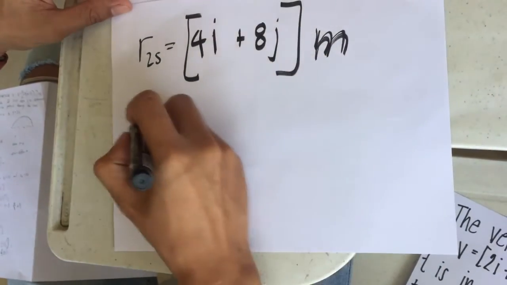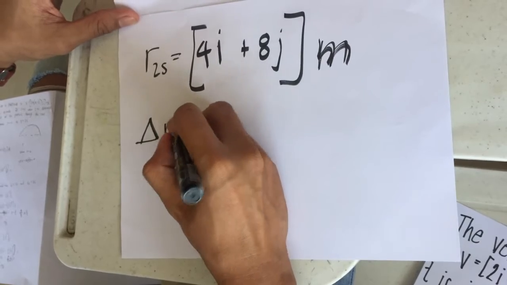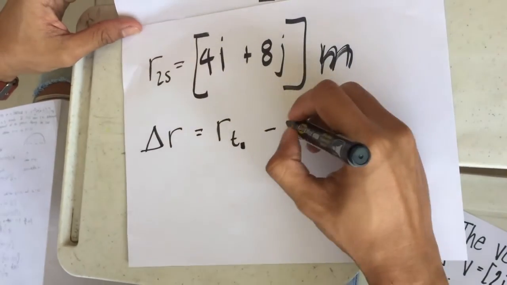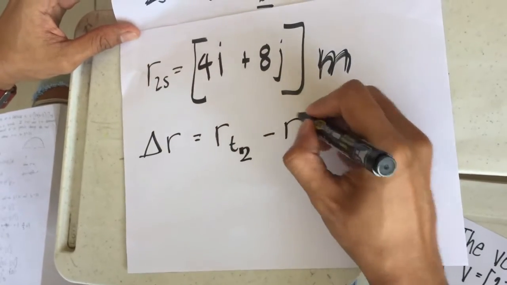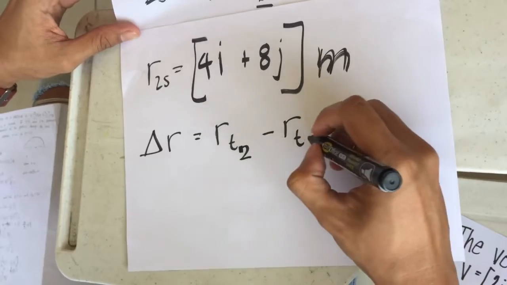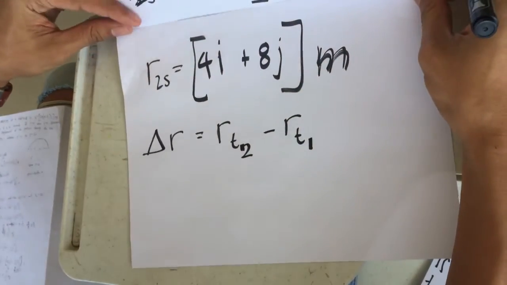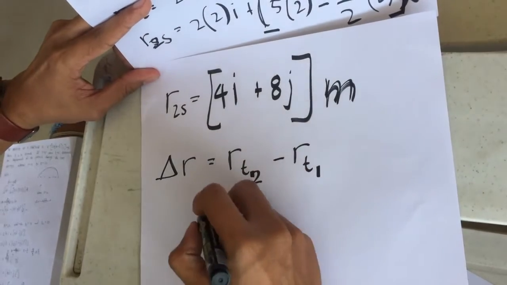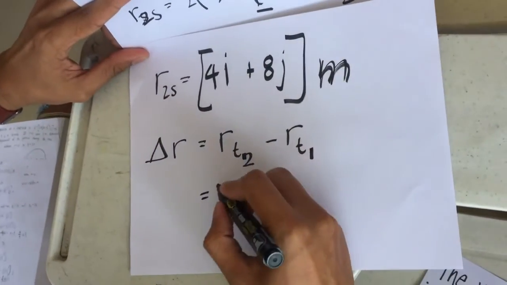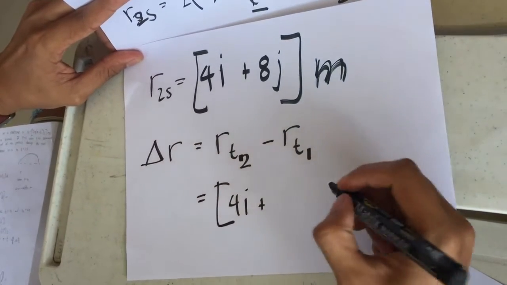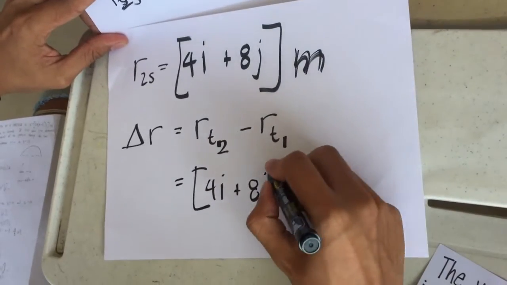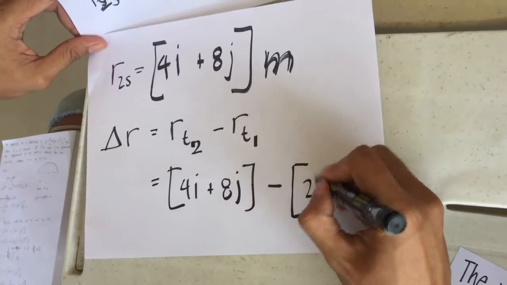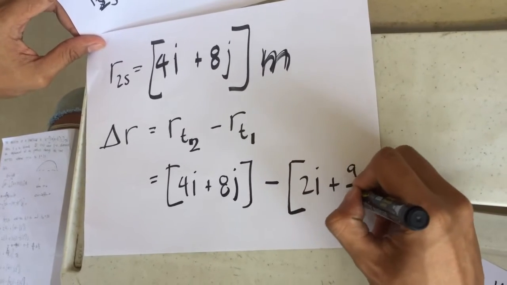So we have the formula delta r is equal to r at t sub 2 minus r at t sub 1, to calculate the displacement over the interval of t1 and t2. So we have r2, 4i plus 8j, minus the r sub 1, 2i plus 9/2 j.